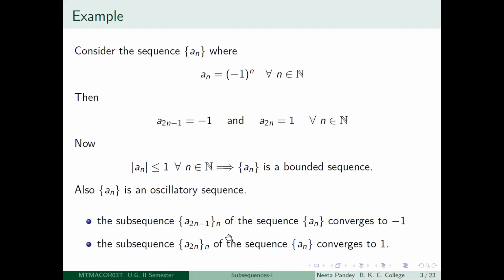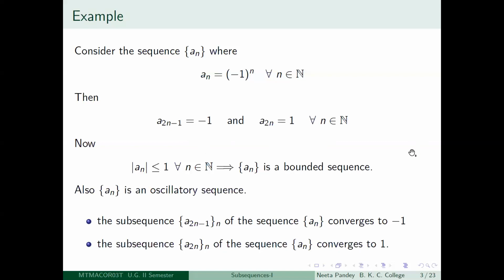And interestingly, in this particular example, if you look at all the odd terms, then they give you the constant sequence -1. So it is actually converging to -1. Similarly, if you look at the subsequence consisting of all even terms of the original sequence, then it is the constant sequence 1. So it is also converging to 1.